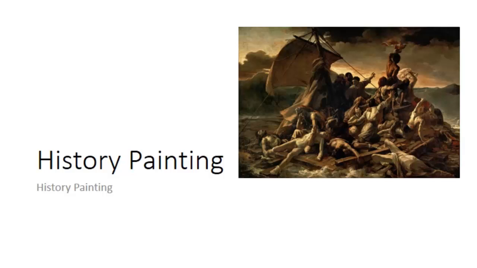History painting was the pinnacle of an artist's achievement. Very large work, often depicting a famous scene from contemporary history or mythological or biblical history, with dozens of subjects in a giant pose.